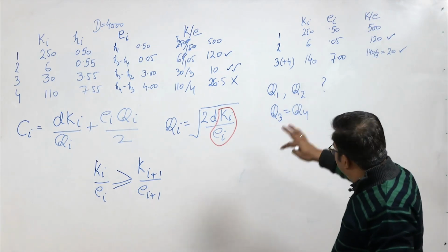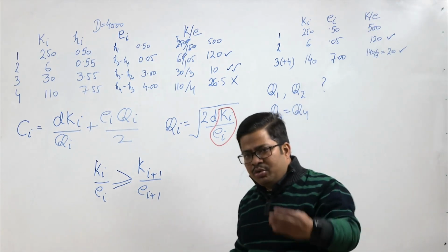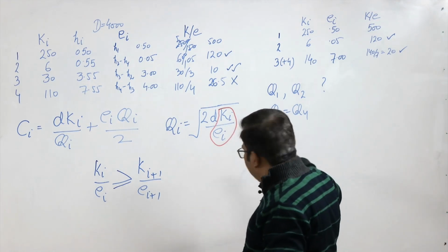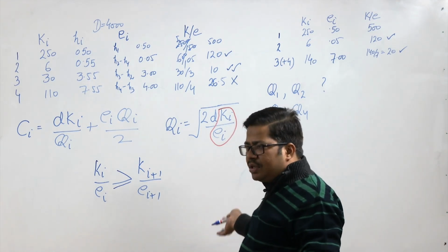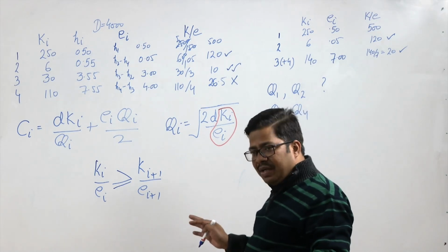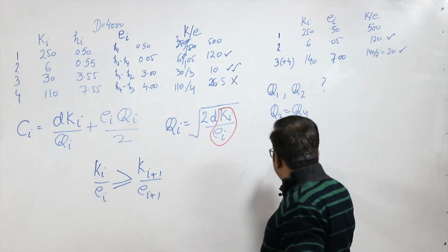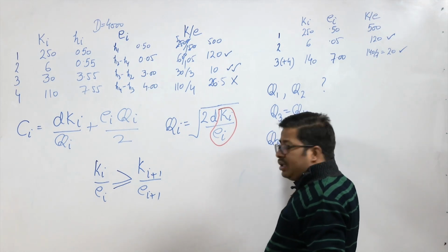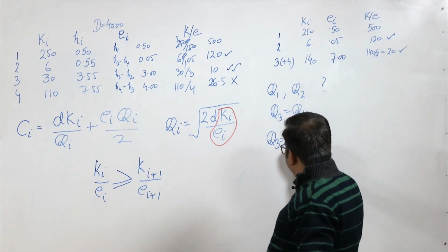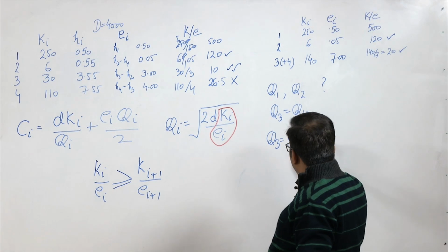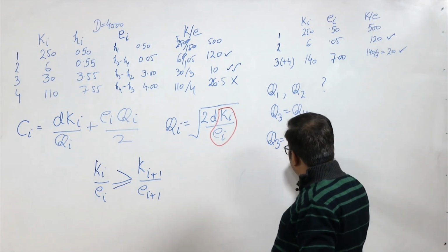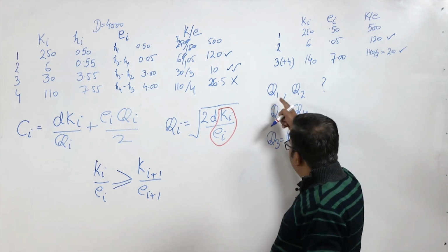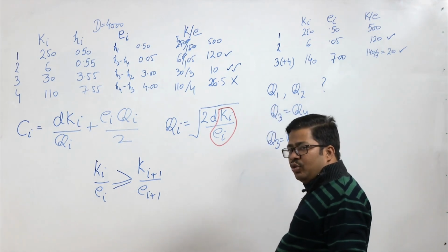That is the meaning of the result. There will be Q1 and Q2, and Q1 and Q2 will be multipliers of obviously Q3 or Q4, whichever you say, but Q3 and Q4 will be the same, or in other terms you can say Q3 is equal to, here the value of Ni Q4, this is equal to 1. This is how you can understand, and then you can go for calculation of Q1 and Q2.